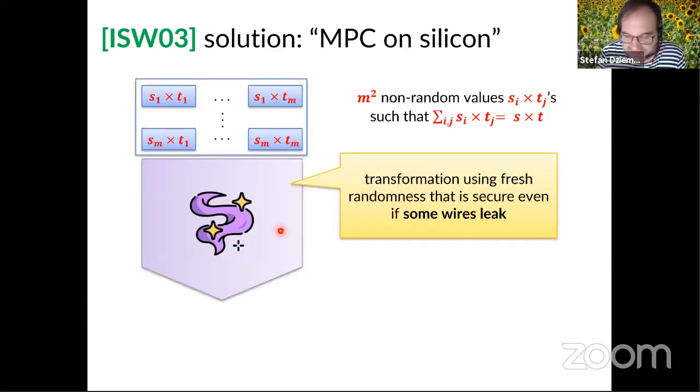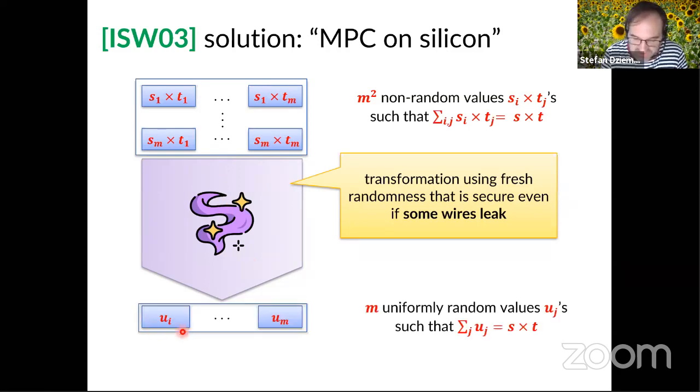So they have some way to do it. The transformation uses fresh randomness and is secure even if some wires leak. So you don't want to assume that there is no leakage here, because then it would be trivial to do. You want to say that even this procedure of reducing these encodings leaks. So what happens here is you start with an encoding that is too long and non-random, and you do some strange things, and then you get a shorter encoding that encodes the same value.